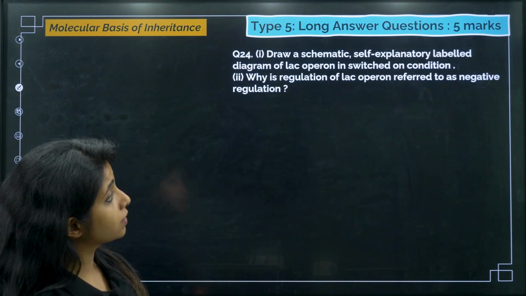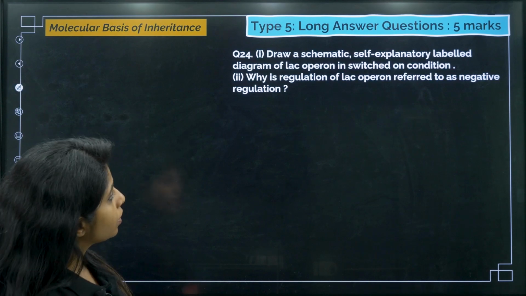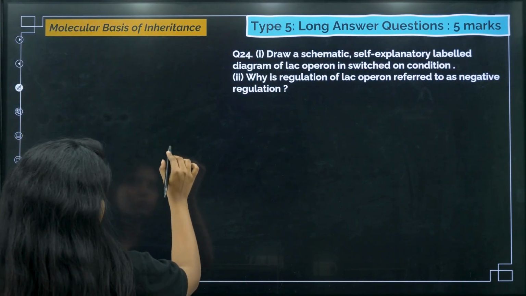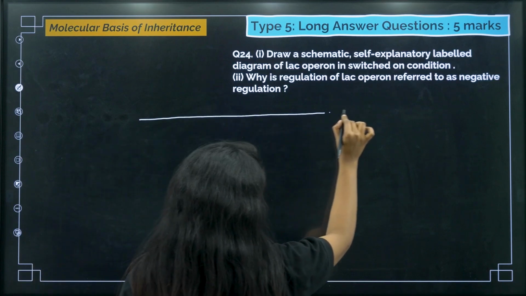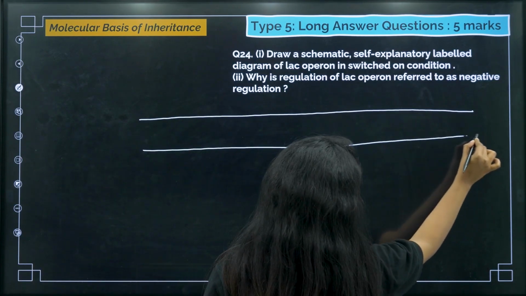Going ahead, draw a schematic self-explanatory labelled diagram of Lac-Operon in switched on condition. It's a very interesting question. Lac-Operon is my favorite. Say this is a Lac-Operon, my dear children.